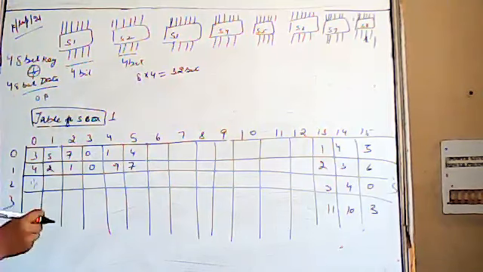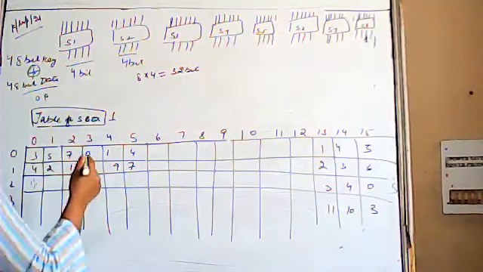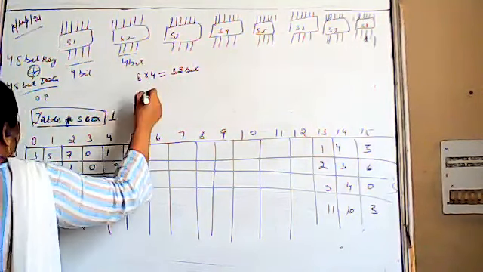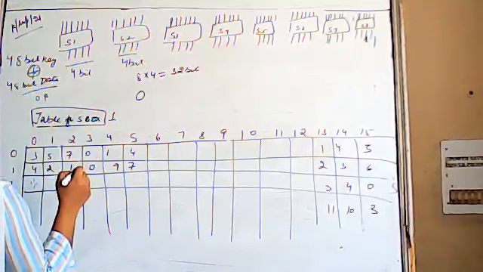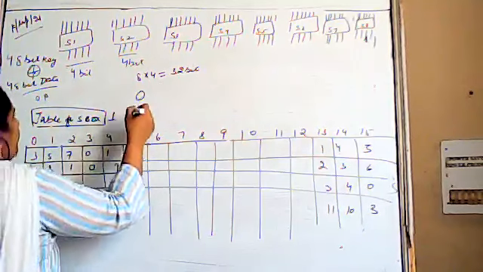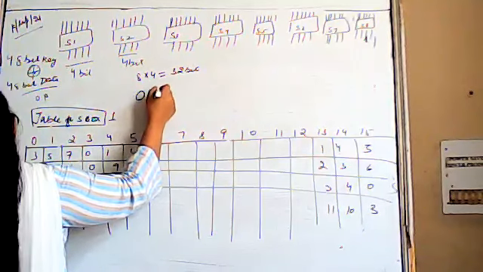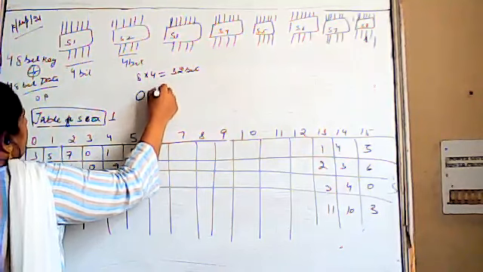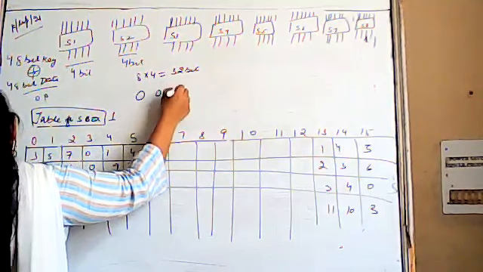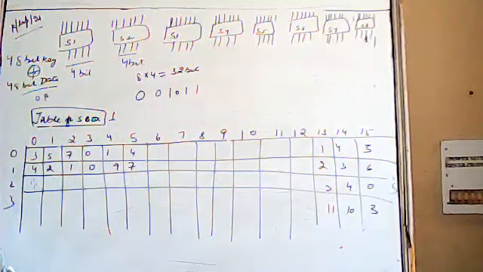Now, how to convert this 6 bit into 4 bits? For example, this is the input of the S box: 0, 0, 1, 0, 1, 1. Fine.